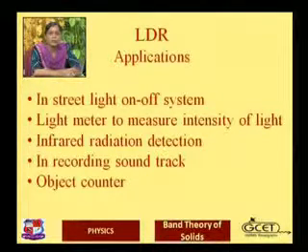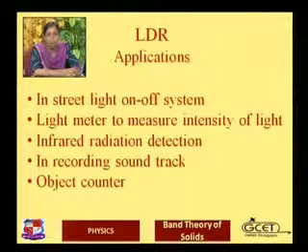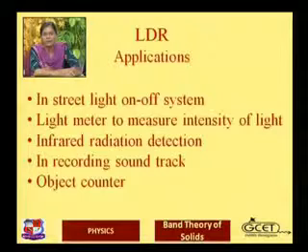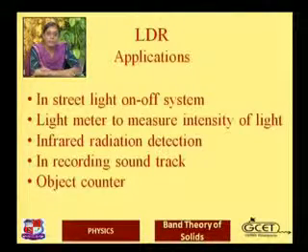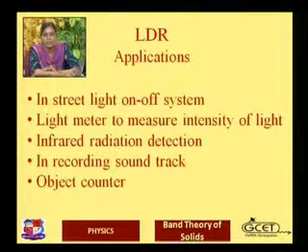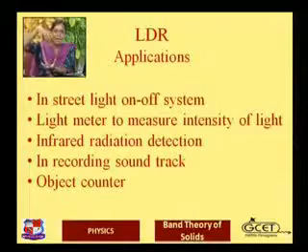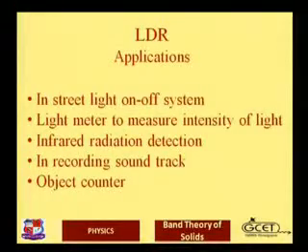The next one is in recording of the soundtrack, and the last one, which is most important, is that it can be used as an object counter. If the conveyor belt is transparent and we put an LDR below the conveyor belt, and provide the necessary circuitry, as and when the object comes over the LDR, it will not be providing the light to the LDR, right?